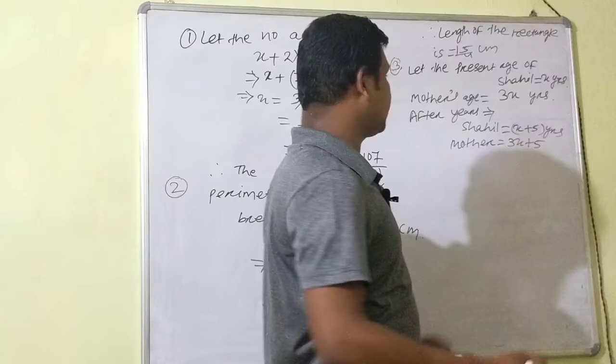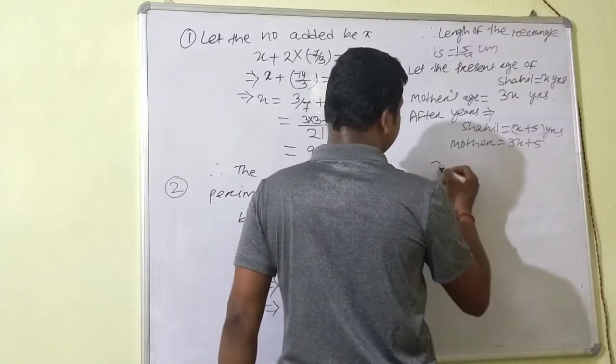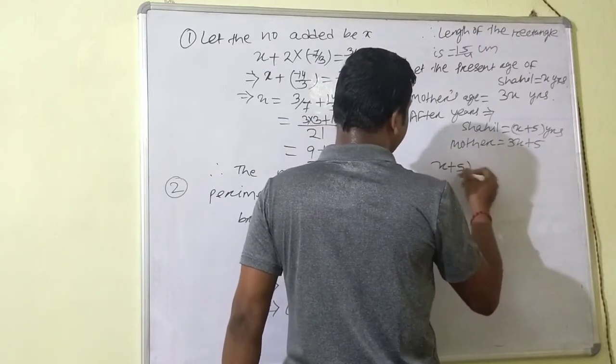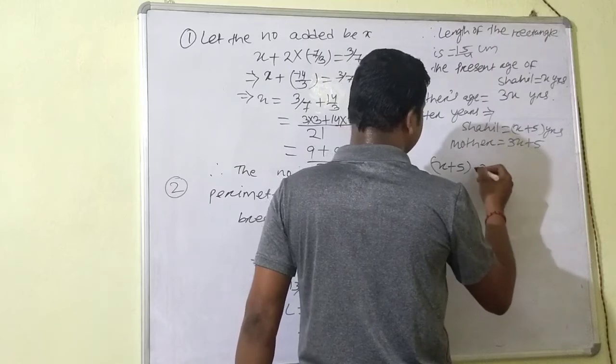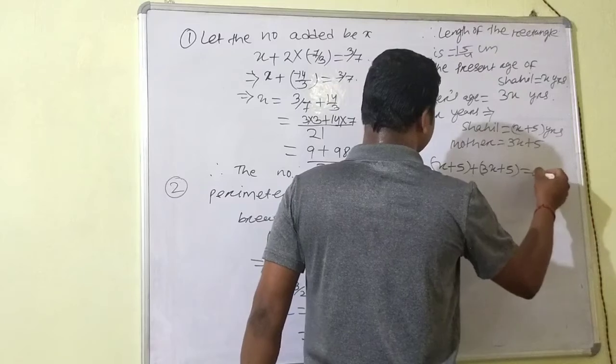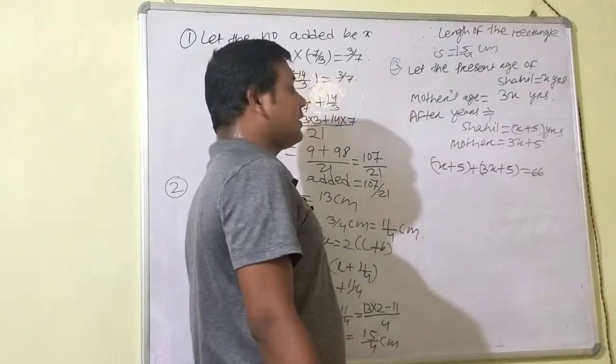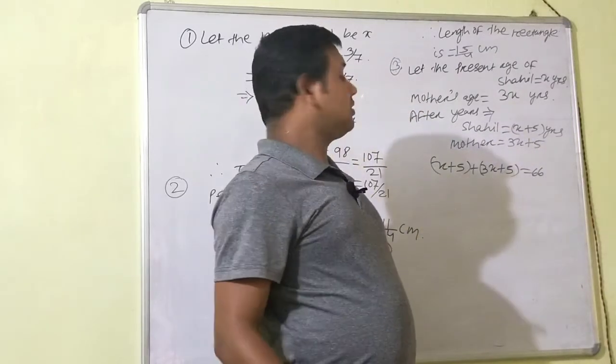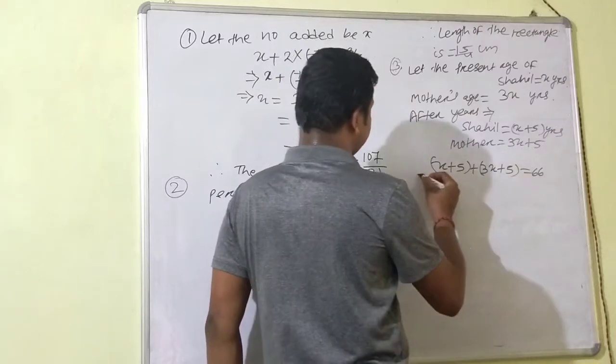Within them there is a relation: after 5 years their ages should be added to give 66. That is, x plus 5 added with the mother's age, 3x plus 5, to give 66. Now we will simplify to find the value of x.